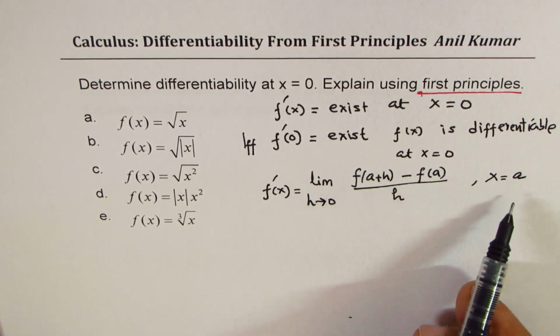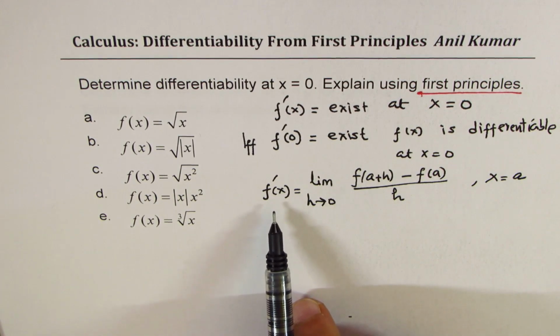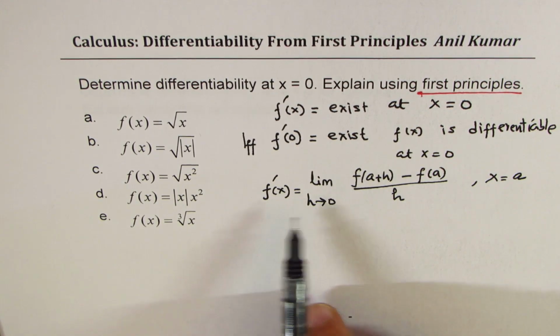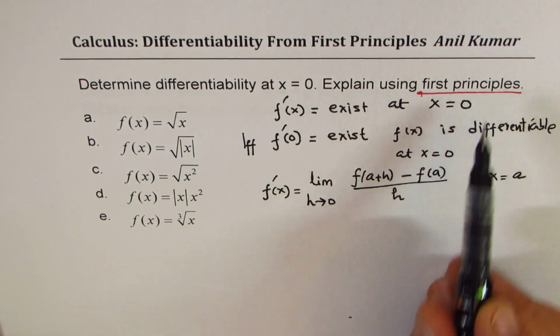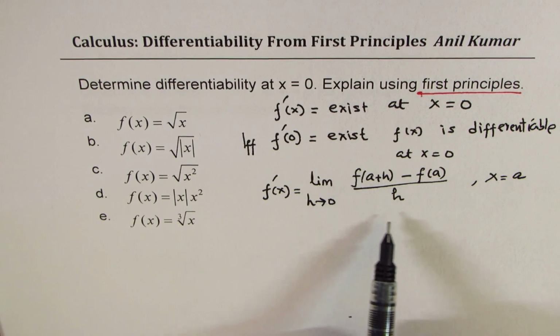And since it is very popular, we have given it the name of derivative. So derivative is the same thing as finding instantaneous rate of change in a way. Okay, so that helps. So when we say using first principle, you have to use this equation.